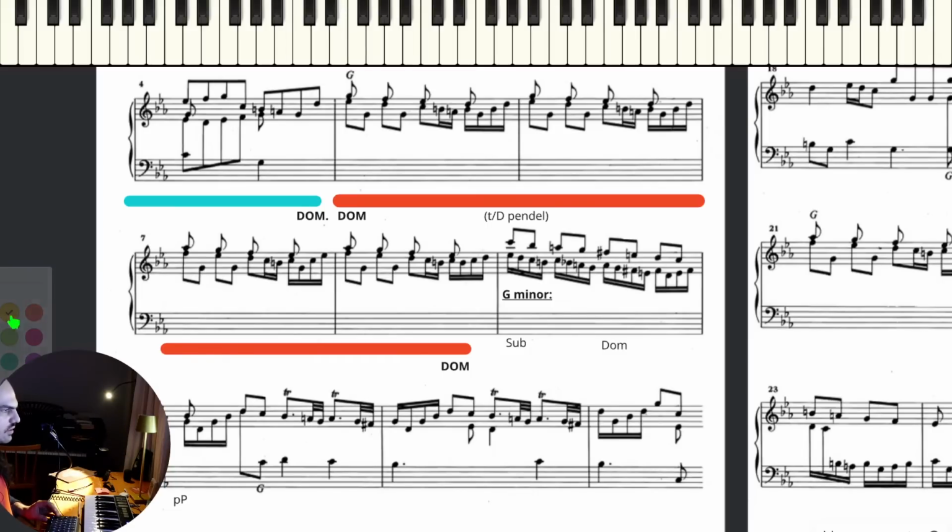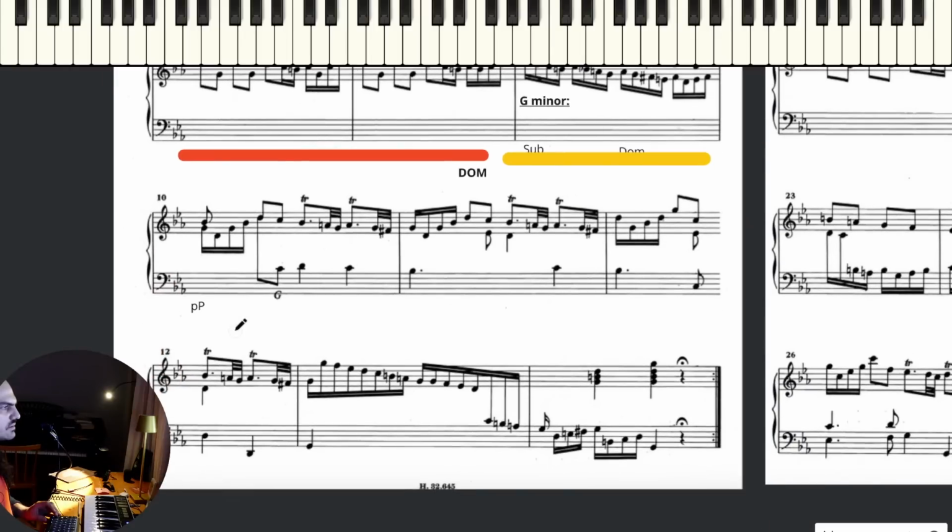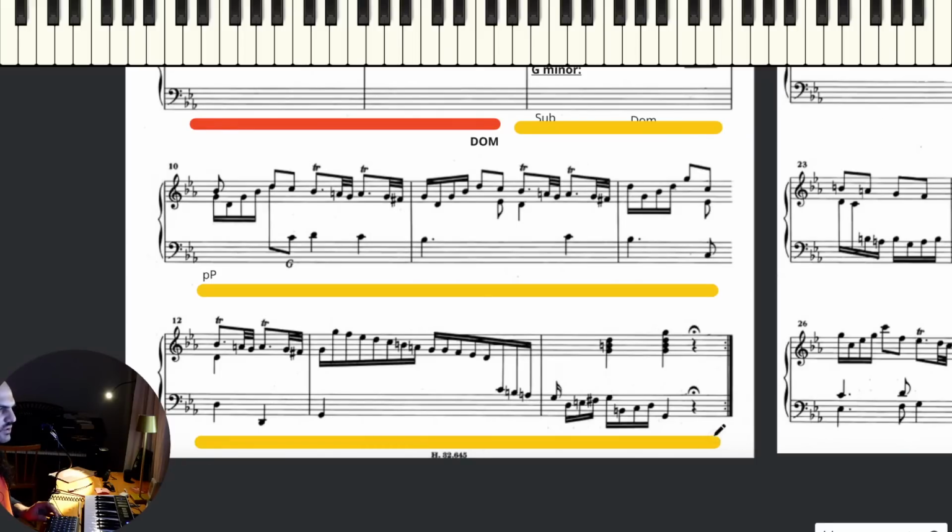Let me change the color. And this goes until the end.